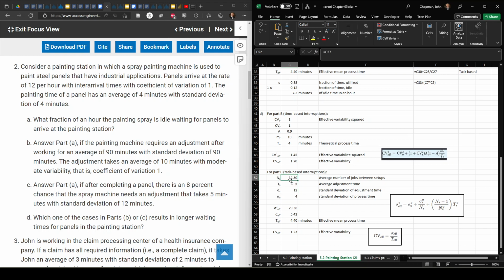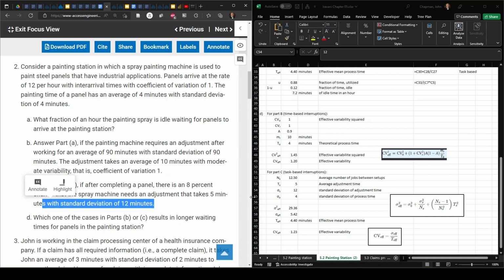So here's our 12.5, average number of jobs between setups. Here is our 5 minutes of average adjustment time. Here is our standard deviation of adjustment time, about 12 minutes from part C.